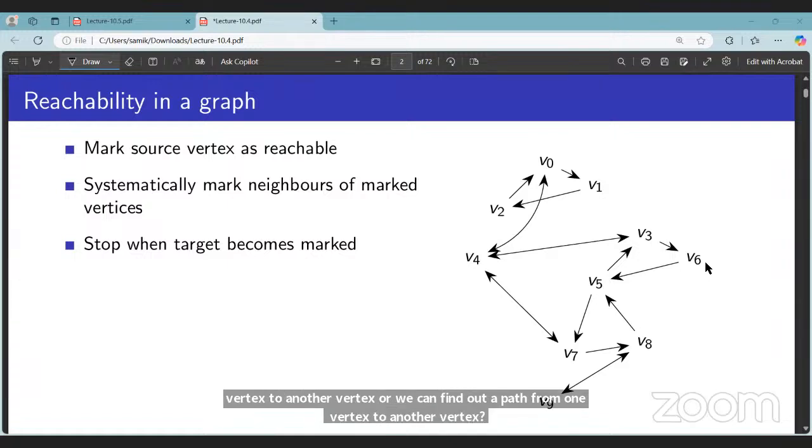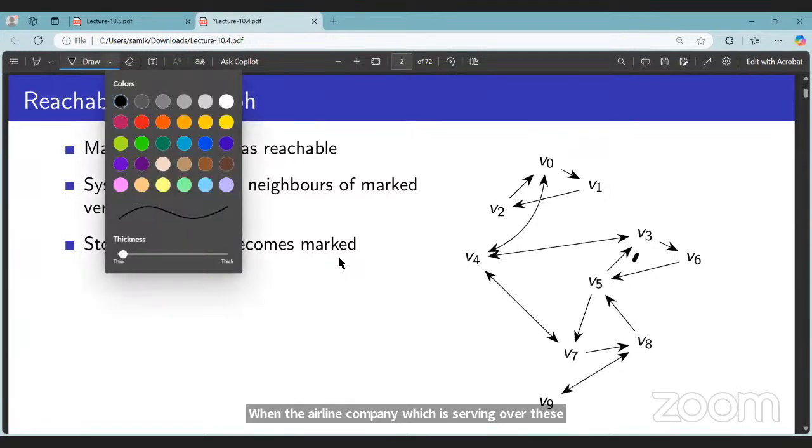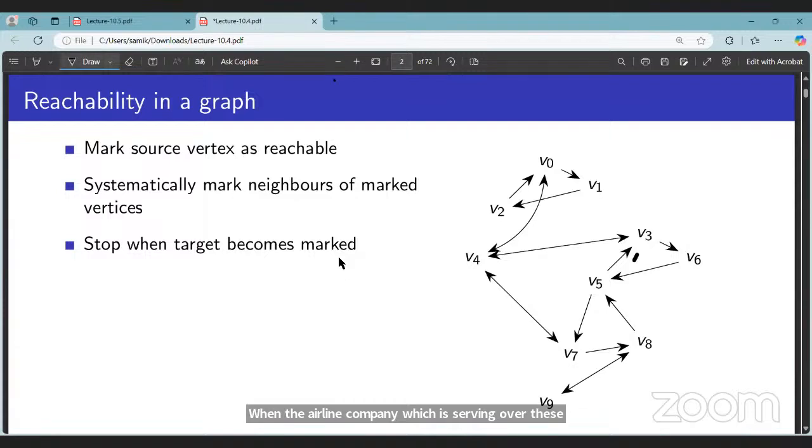For example, this graph represents an airline network. This is one airline company serving this number of cities, and every vertex denotes one city. If there is a direct flight from vertex vi to vertex vj, then there is an edge. In this way we are formulating this particular graph.